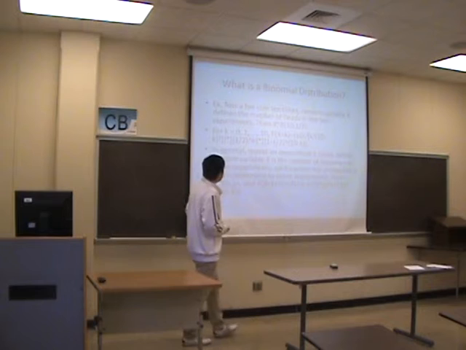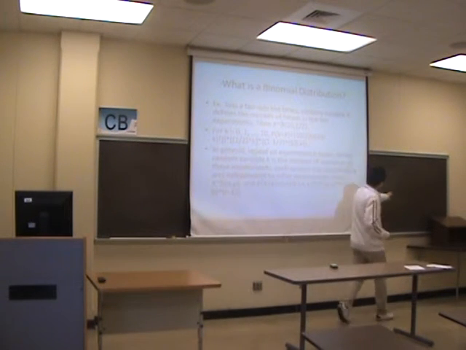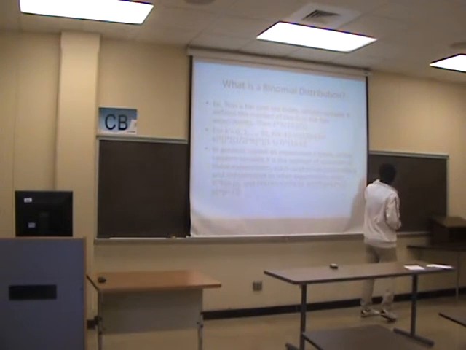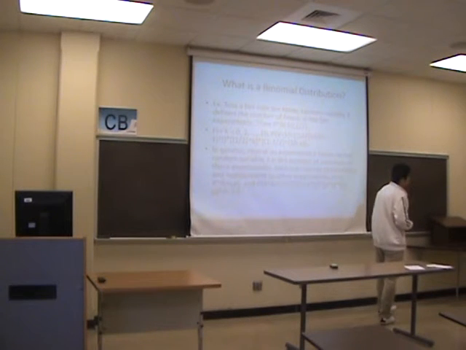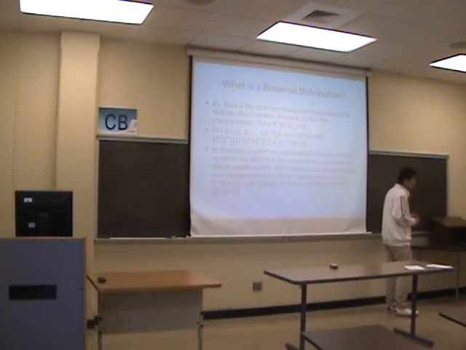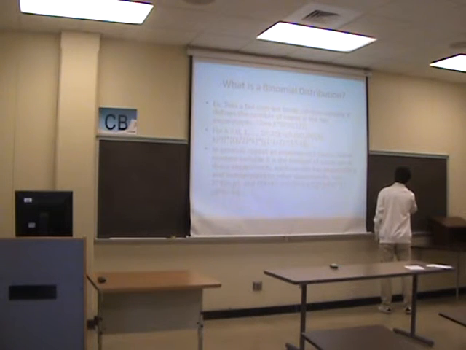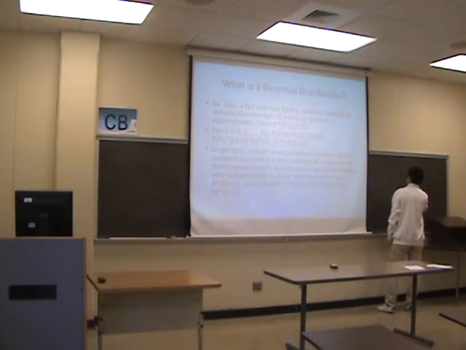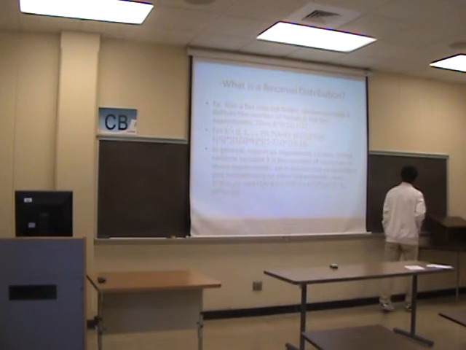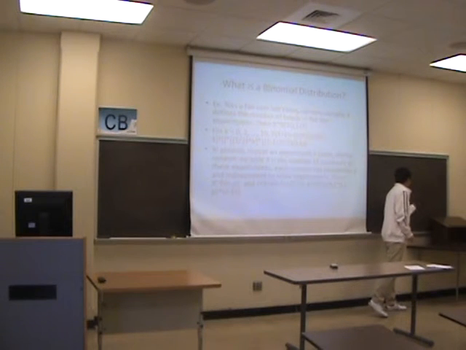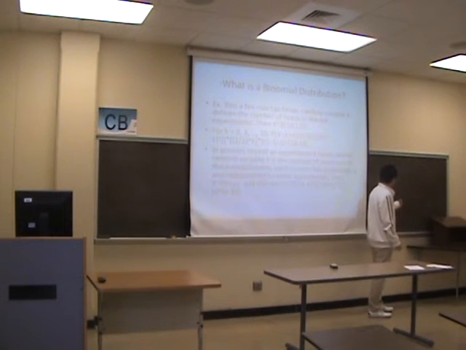And in general, as I said before, if this one is p, and the 10 here is we toss the coin 10 times, if we toss the coin n times, we don't use a constant number for that. Then the formula is here, in general for n.